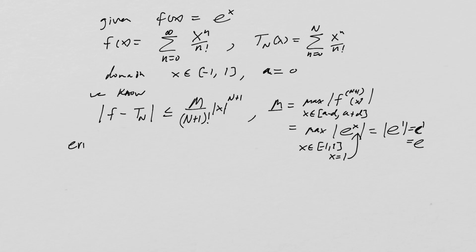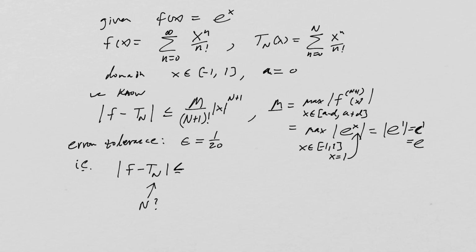So now our error tolerance. What we want to do, I want epsilon to be equal to 1/20th, i.e., I want to find out what value of n gets me this less than 1/20th. We know the top value here.